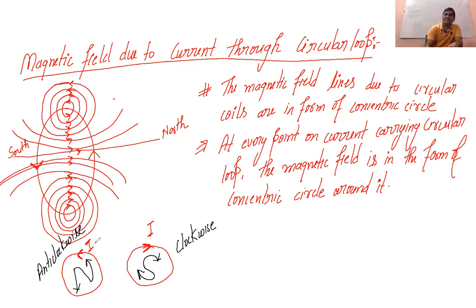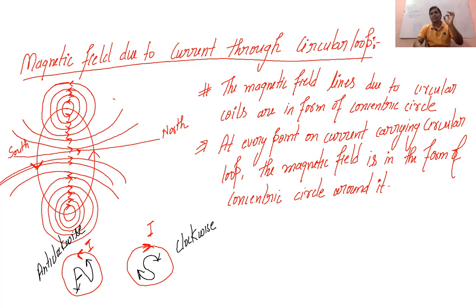Suppose any circle is there or current carrying loop is there. If you are looking from front, अगर आप सामने से देखते हैं, अगर वो आपको नॉर्थ पोल दिखाई देता है, तो जो अंदर होगा, अगर इसको पीछे से देखा जाएगा तो ये क्या दिखाई देगा? अगर ये एंटी क्लॉकवाइज दिखाई दे रहा है तो पीछे से क्लॉकवाइज दिखाई देगा. अगर सामने से क्लॉकवाइज दिखाई दे रहा है तो पीछे से क्या दिखाई देगा? एंटी क्लॉकवाइज. तो इसका मतलब ये होगा कि अगर कोई सर्कुलर लूप होता है तो इट कंटेन्स बोथ पोल, नॉर्थ पोल एंड साउथ पोल. तो आप आइडेंटिफाई कैसे करोगे? अगर सामने से देखने पे आपको लगता है कि करंट की जो डायरेक्शन है दैट इज in anti-clockwise, it means what?